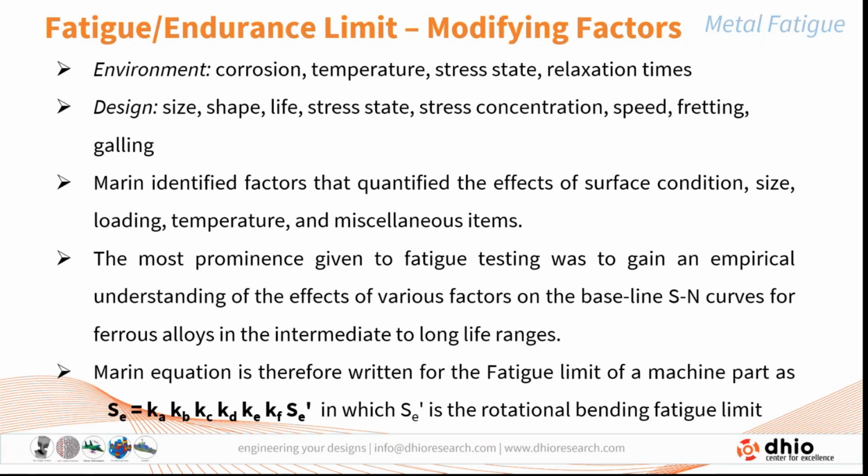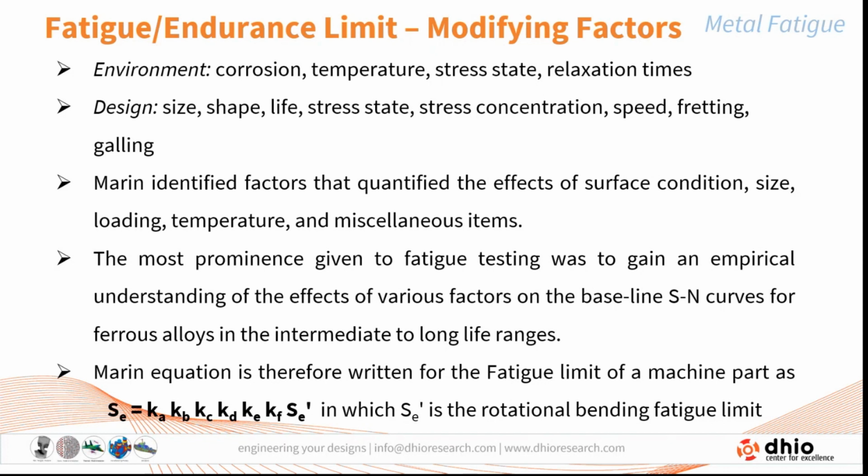So the Marin equation is written for the fatigue limit of machine parts as: the endurance strength Se equals Ka, Kb, Kc, Kd, Ke, Kf into Se dash, where Ka, Kb, Kc, Kd, Ke, Kf are the modification factors due to various reducing conditions.